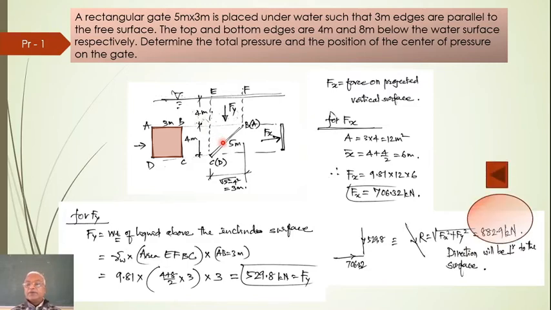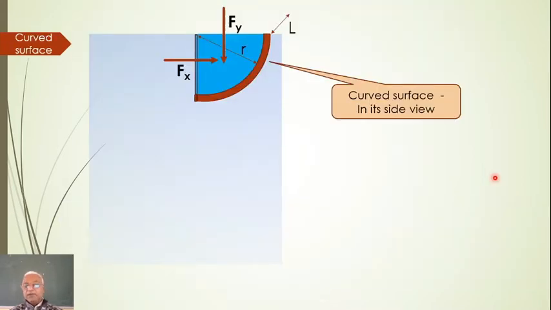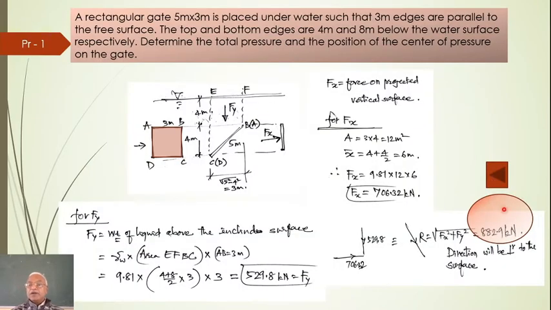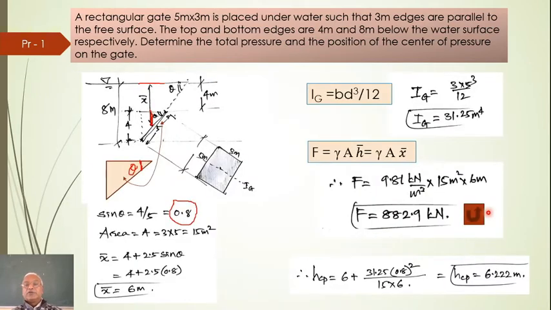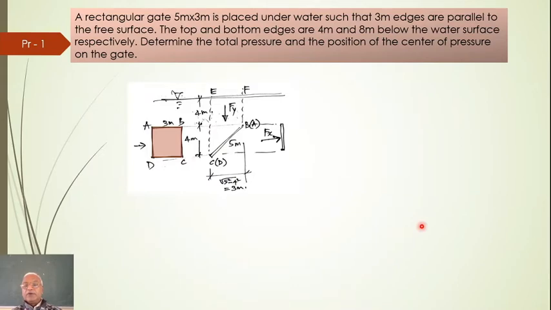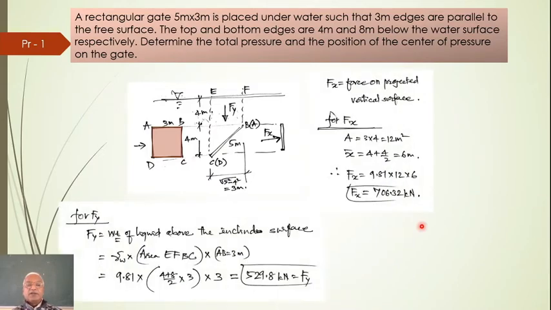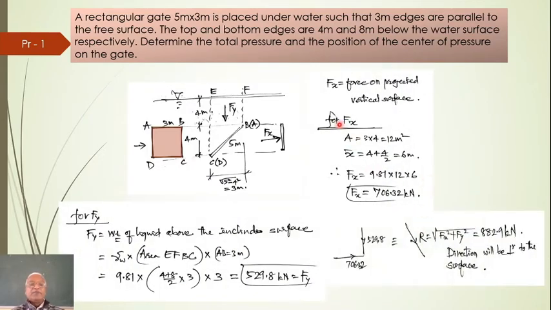So what you can observe here is 882.9 kilonewton, which will be there. In earlier slides, I'll just go back and then show you. Yeah, this was 882.9, the same value we have got by doing all this exercise, but the only thing is here it is a bit lengthy because you have to see what the projected area is.